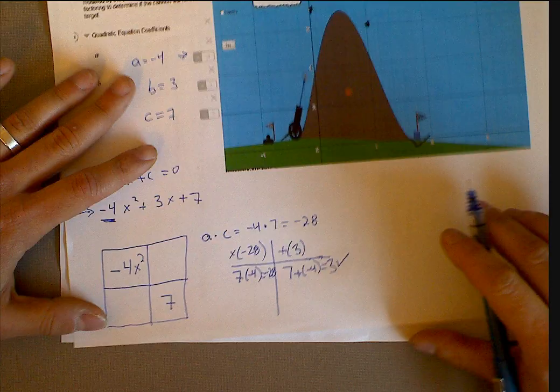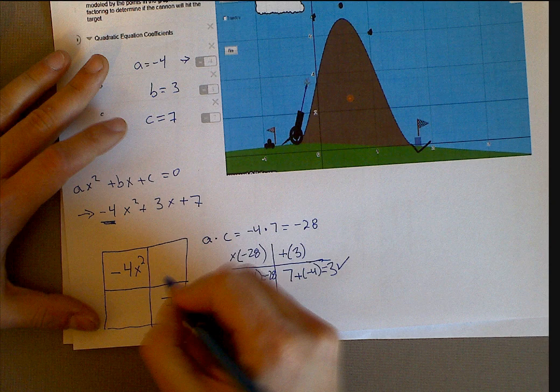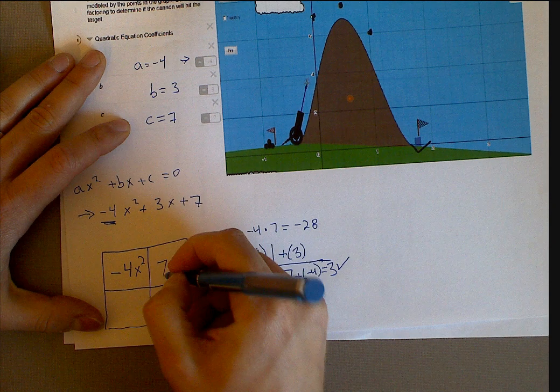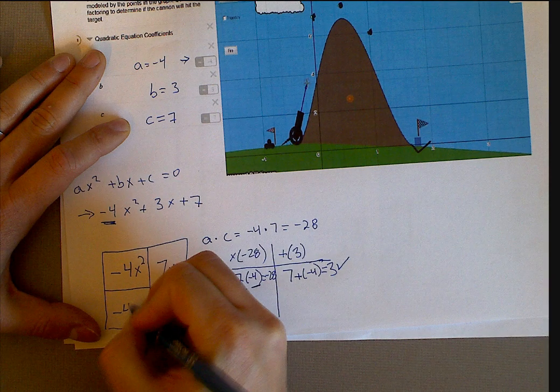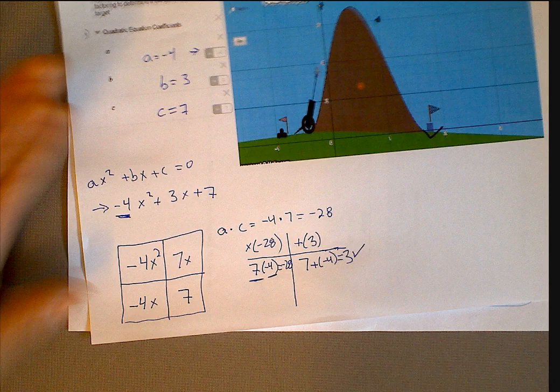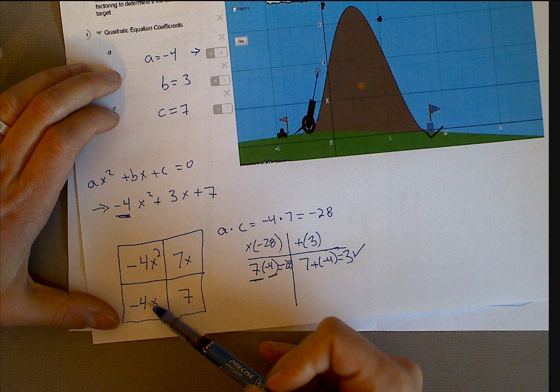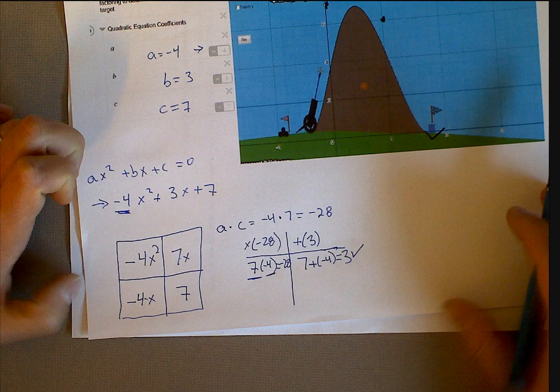So that means that the numbers in this box are going to be 7x, and then my other factor, which is -4, and we'll put it in this box. And it doesn't matter whether we put 7 here or -4 there. We're going to end up with the same factors.